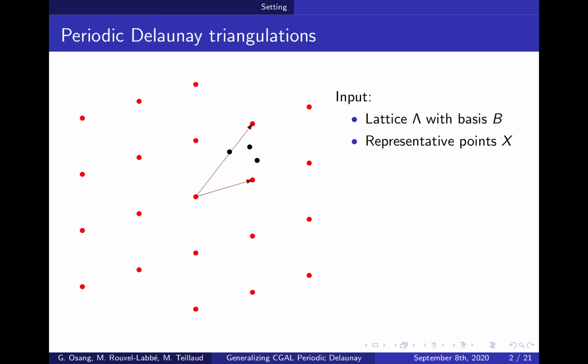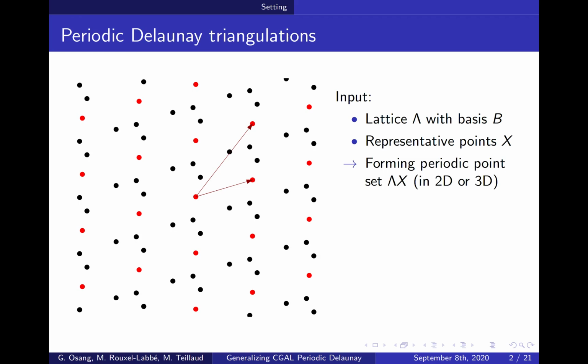Furthermore, we have a set of representative points x, and the infinite periodic point set is basically all the images of x under the translations that are defined by this lattice, like this.